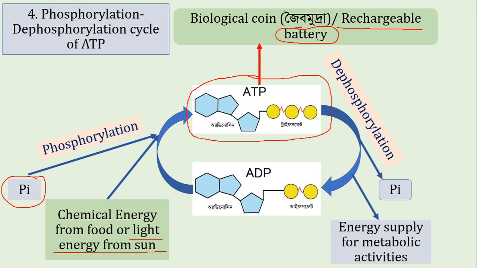As a rechargeable battery can charge itself, store energy, and release energy when necessary, ATP performs very much like this. That is why ATP is often considered analogous with the rechargeable battery.